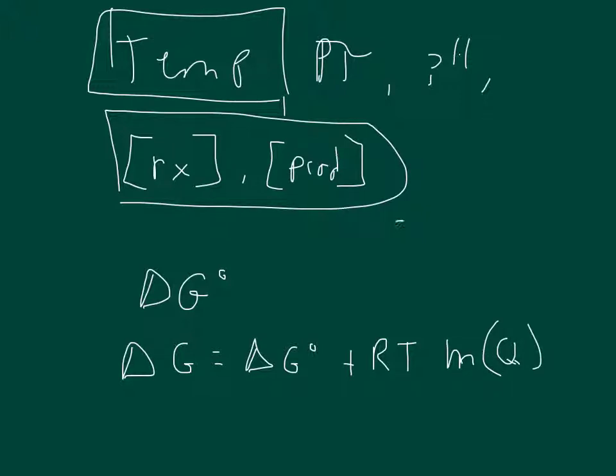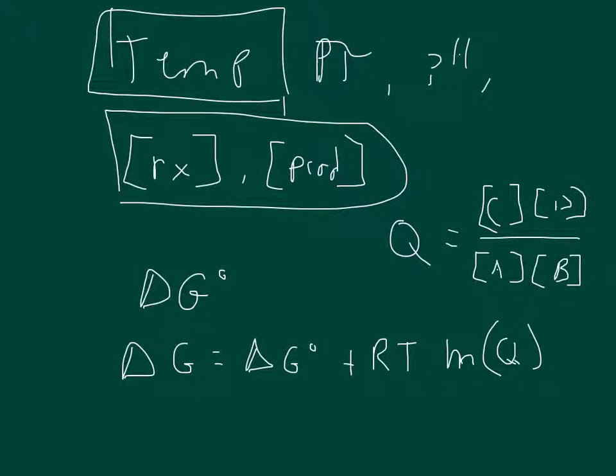And if you remember, the reaction quotient is equal to the concentration of C times the concentration of D over the concentration of A times the concentration of B.